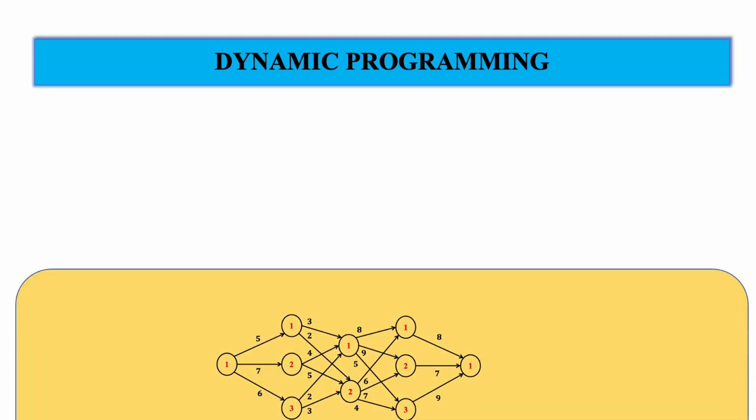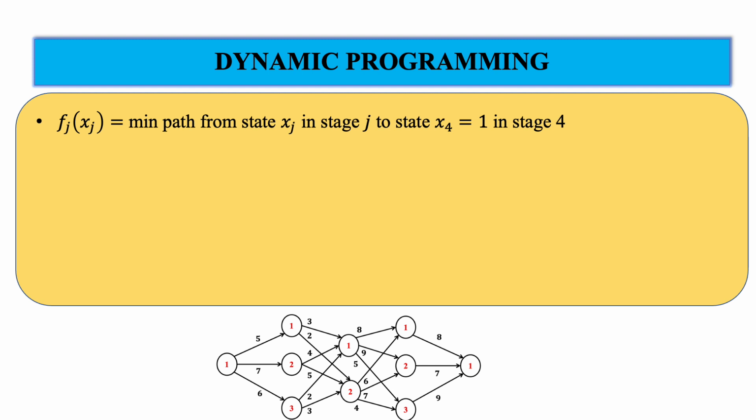Now we define certain terms. First is fj(xj), the minimum path from state xj in stage j to the final state in the final stage.